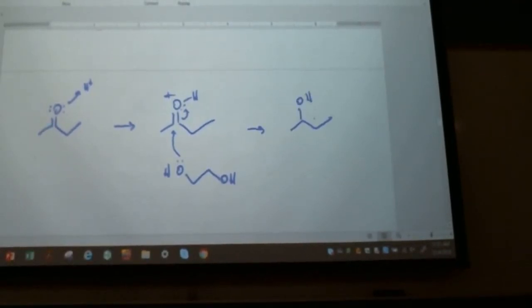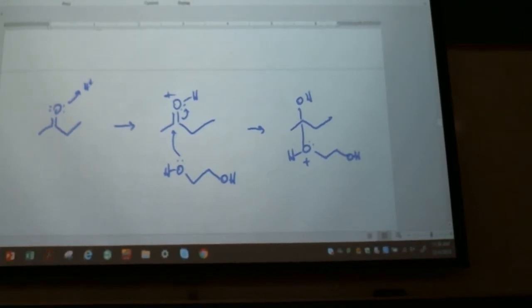We form an OH. This hydrogen is still attached here, so let's do something with it. Once you form something with a positive charge or a negative charge or a reactive intermediate, do something with it. You cannot carry this through for the next 5 steps.